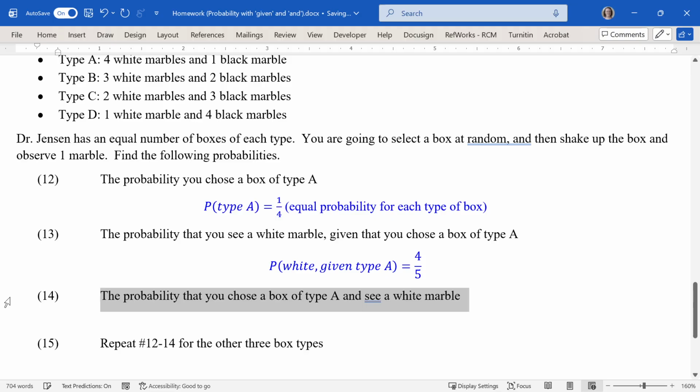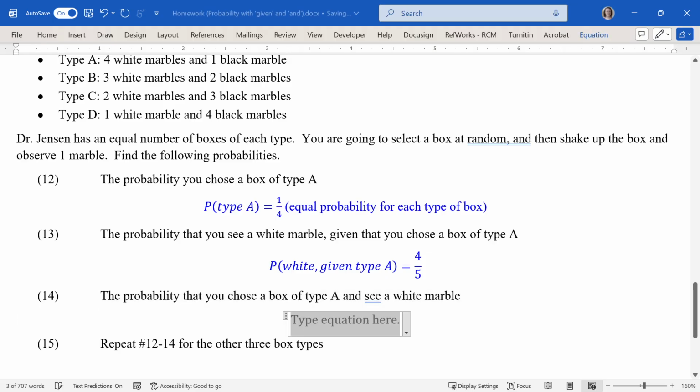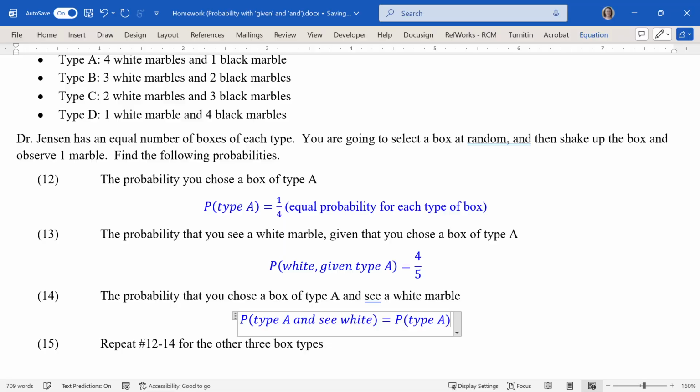So now something a little bit more complex. The probability that you chose a box of type A and you see a white marble. So now we're going to use our formula for multiple events happening. So the probability that you get the type A box and see a white marble is the probability of choosing the type A box times the probability of seeing white given that you have the type A box.